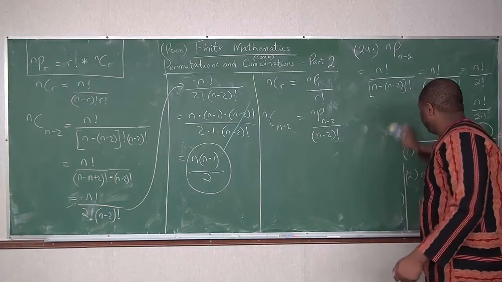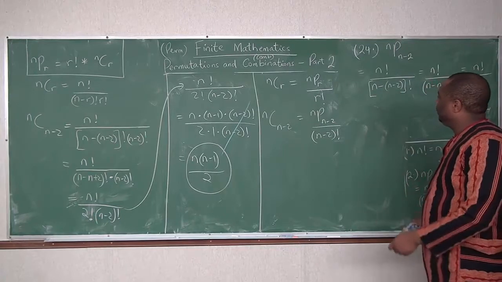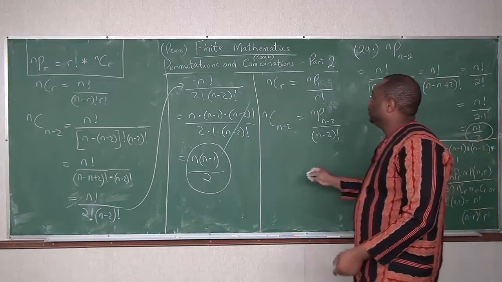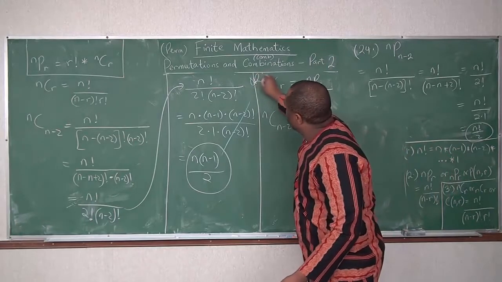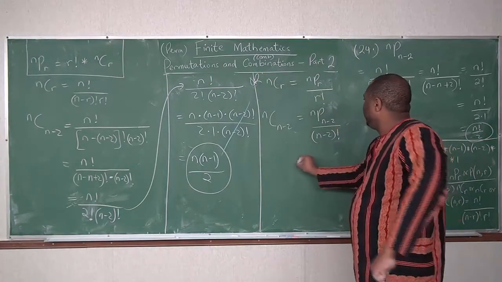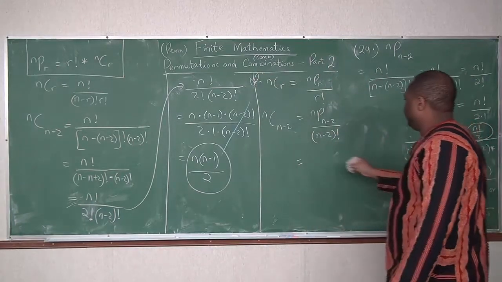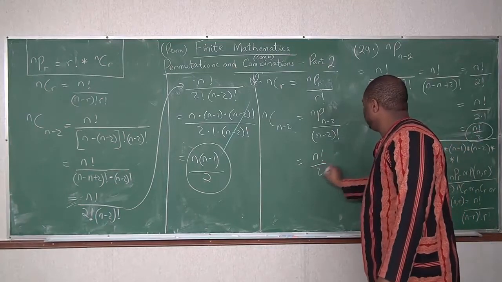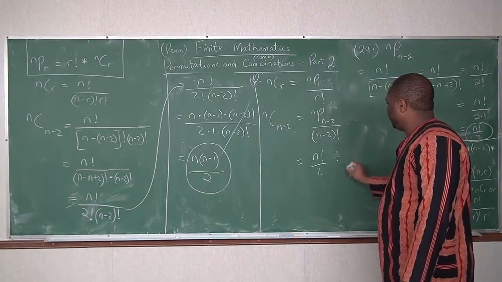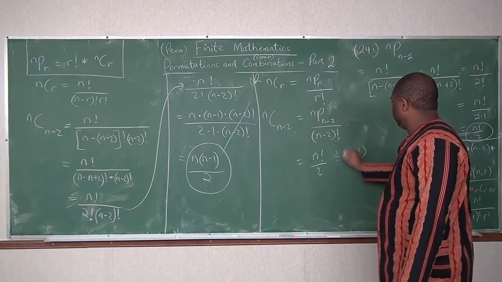That would be n factorial over 2 divided by (n minus 2) factorial.